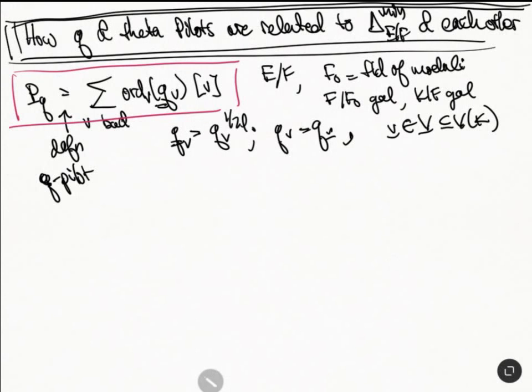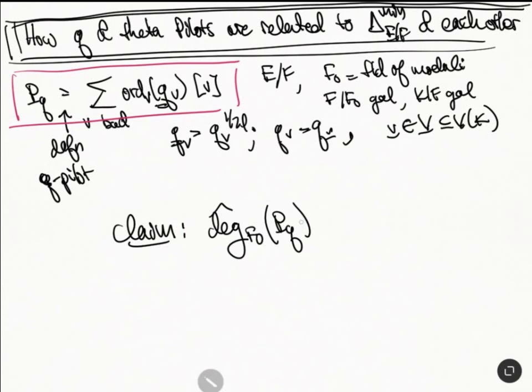The first claim that we want to show is that the normalized Arakelov degree of PQ is equal to 1 over 2L times the norm of the minimal discriminant.